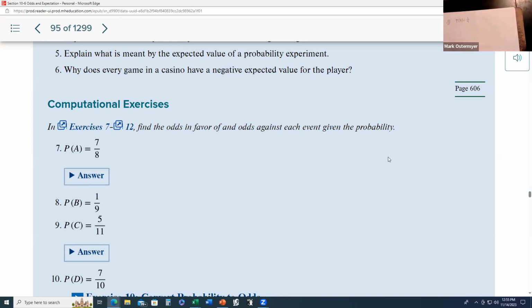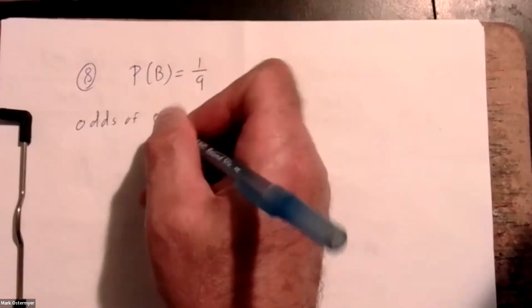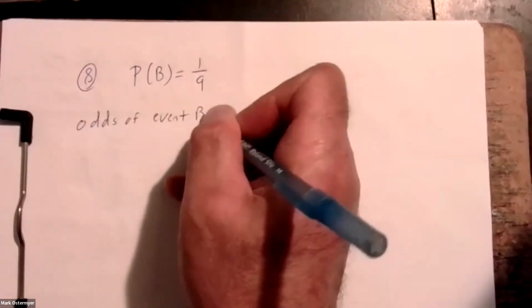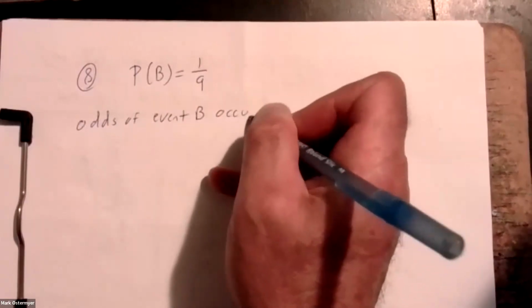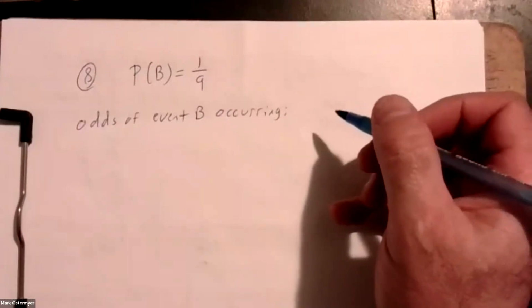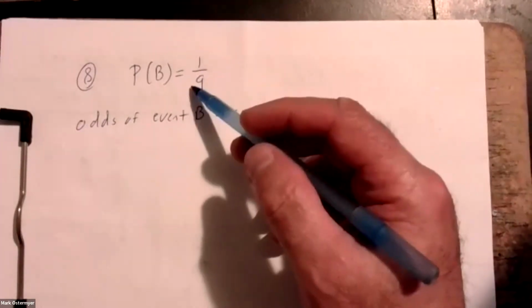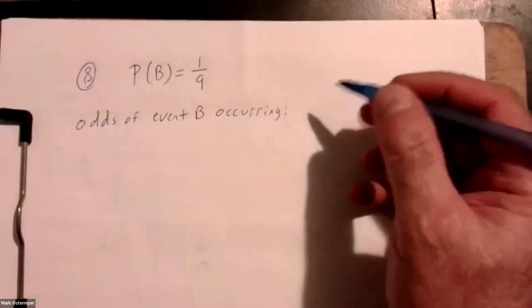All right. So therefore, they tell us that the probability of some event B occurring is 1/9. This is the probability. And they want us to find the odds of event B occurring. Well, according to our formula, how do we go from a probability back to odds?